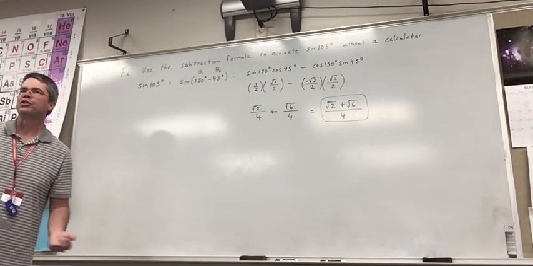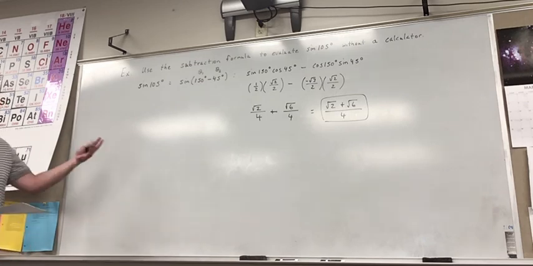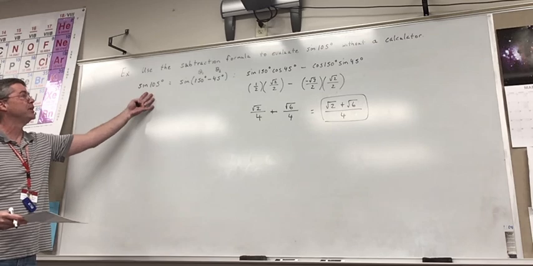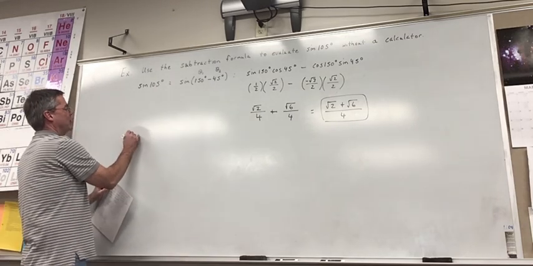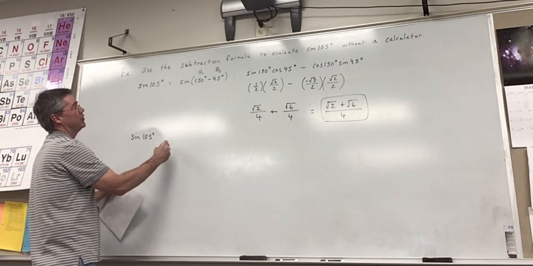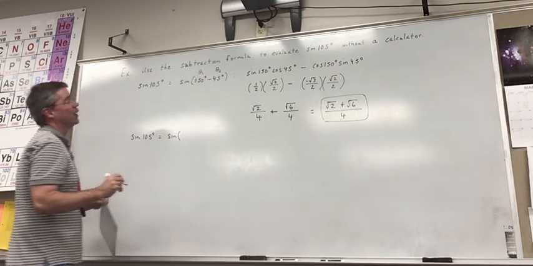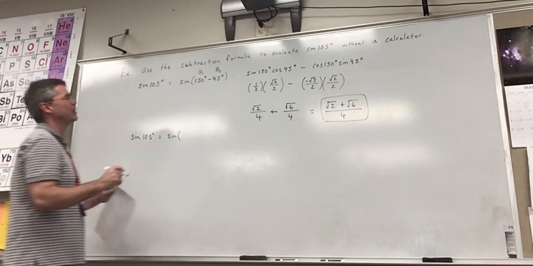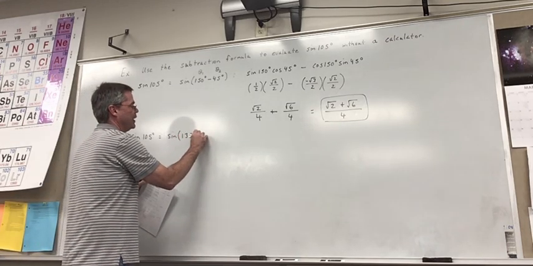All right, so just to show you how this works, and that it works with any angle that you pick on the unit circle, I'm going to work the same problem, sine of 105 degrees, but use two different angles. We should come up with the same answer. Sine of 105 degrees is equal to sine of something minus 30. So how about 135 degrees minus 30 degrees?